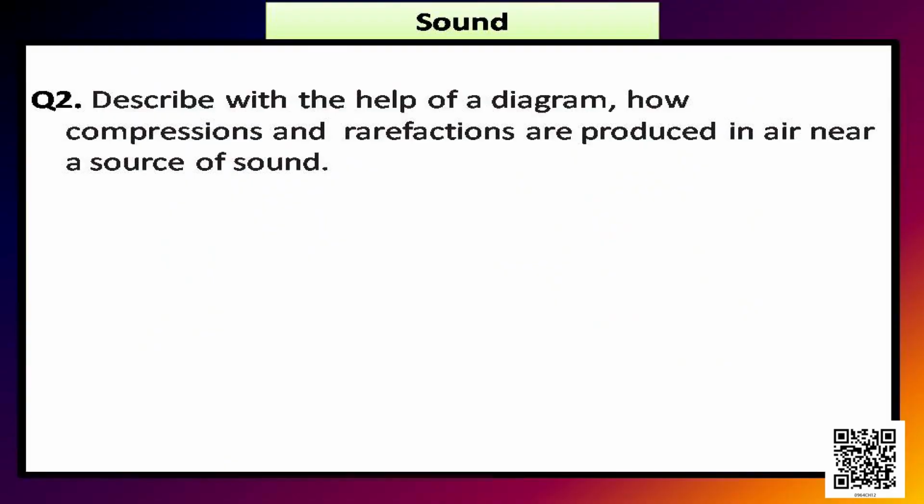Hope you have understood the answer for question 1. Question 2 says, describe with the help of a diagram how compressions and rarefactions are produced in air near a source of sound. Students, we have already discussed this with the diagram and hope you have clearly understood the concept.